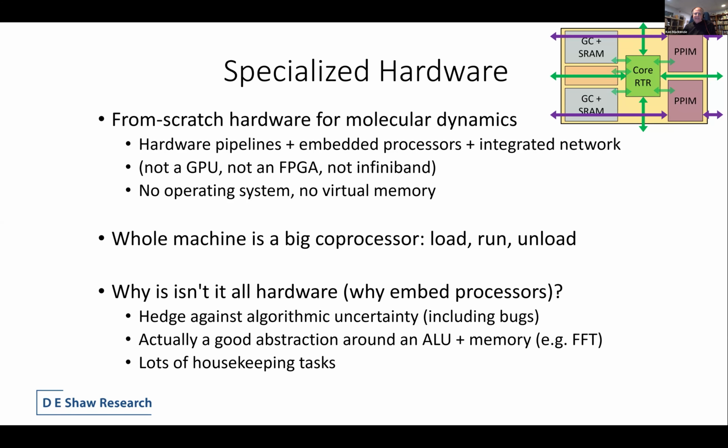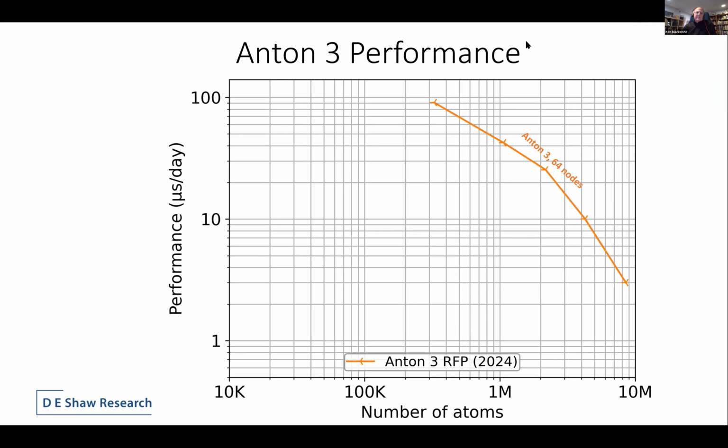So that's a good lead into performance. Here's a classic performance slide. I've got microseconds per day on the y-axis, and number of atoms on the x-axis. Higher is better.